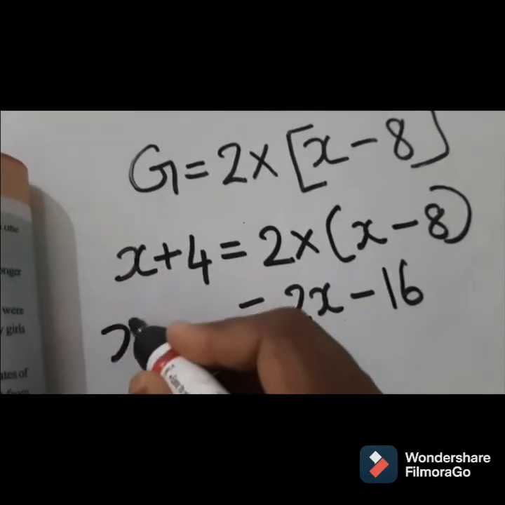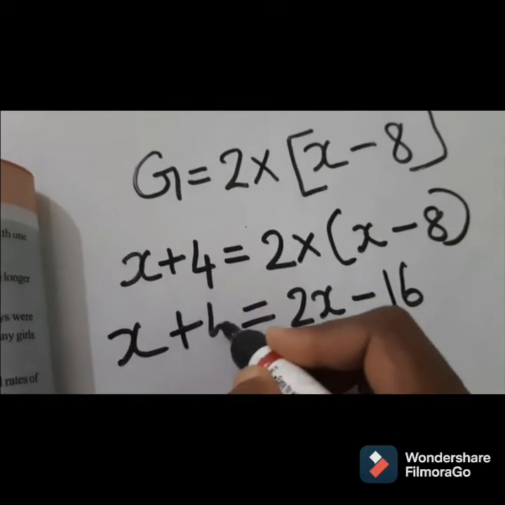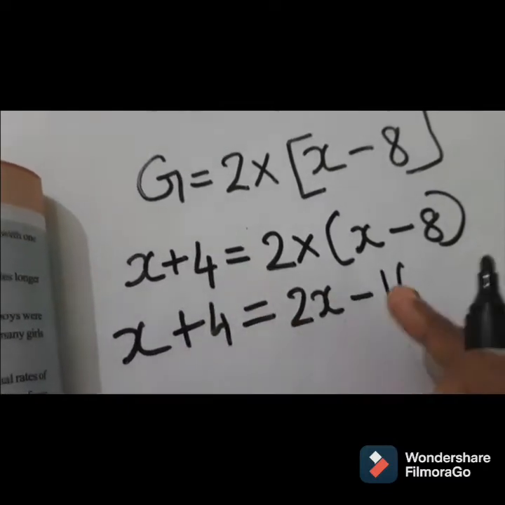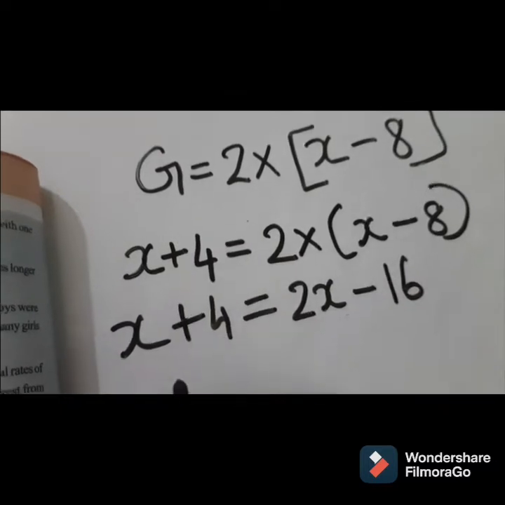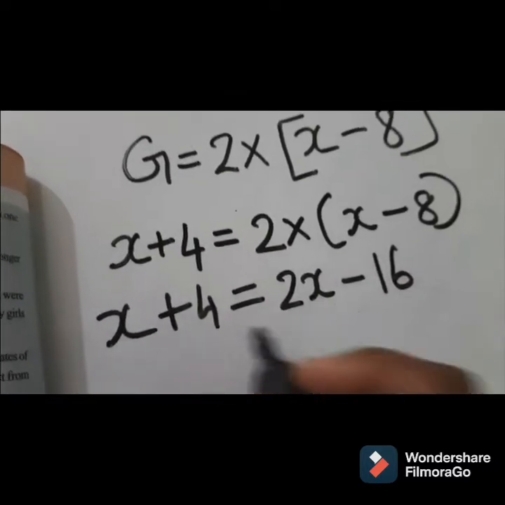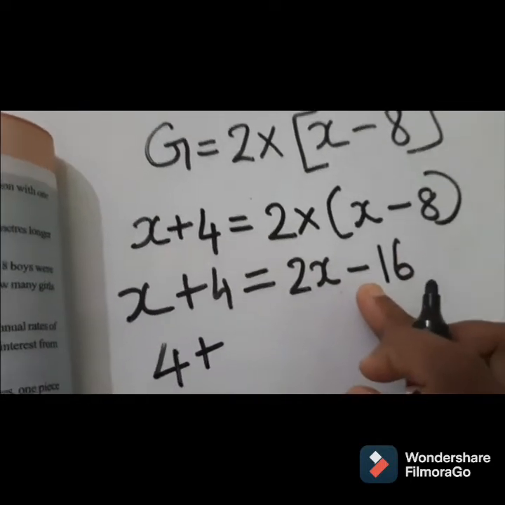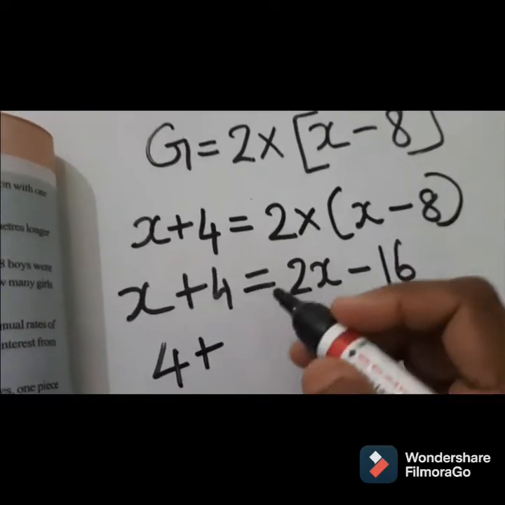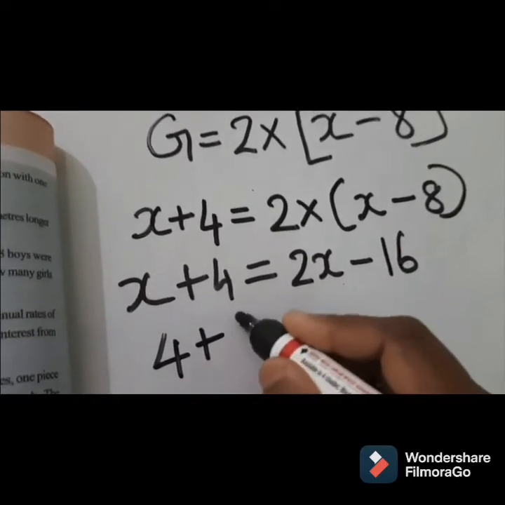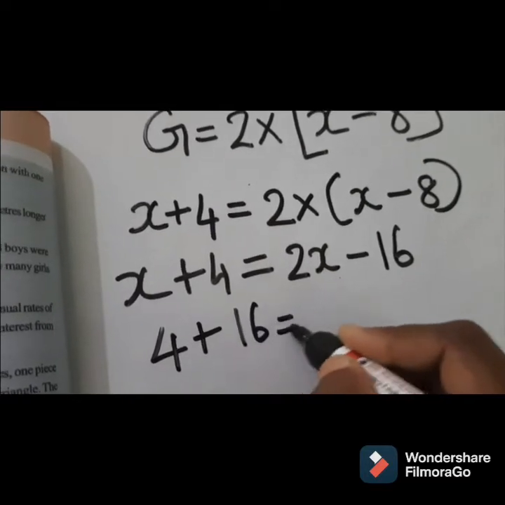This is same as x plus 4. We can take this x to this side and 16 this side. So we can write 4 plus 16, here it is subtraction, so this will come addition if we change the side.